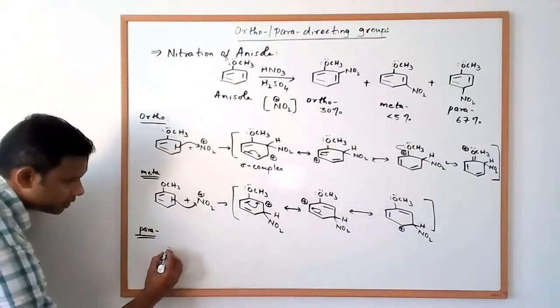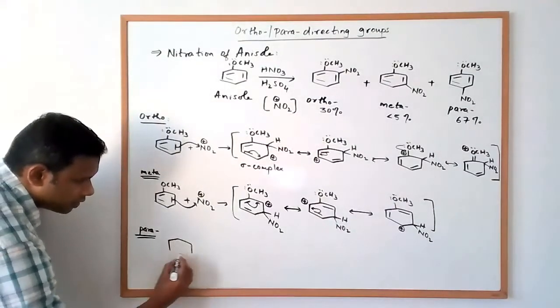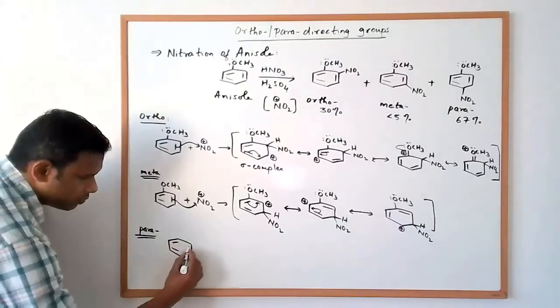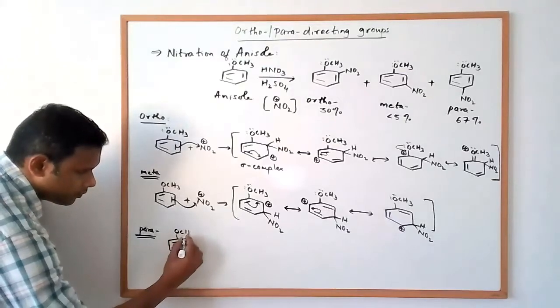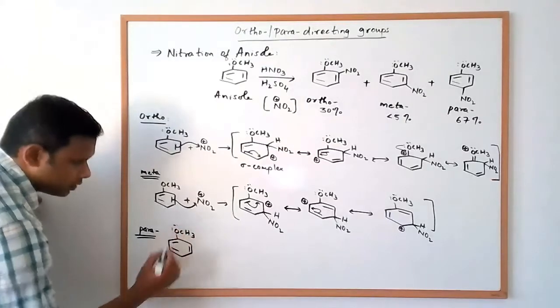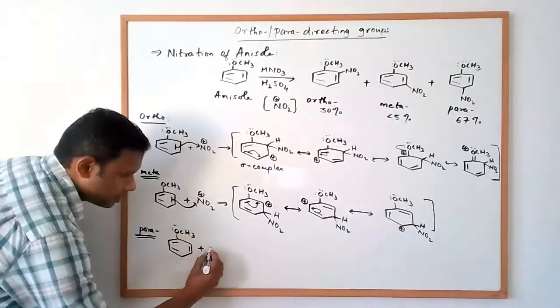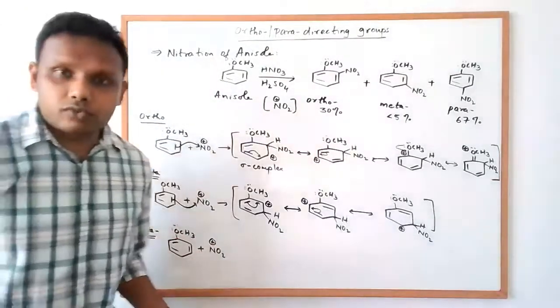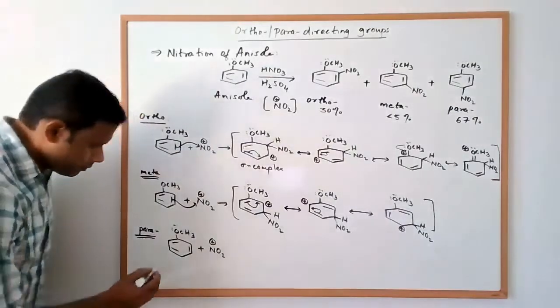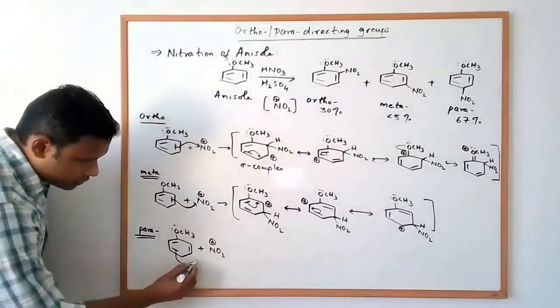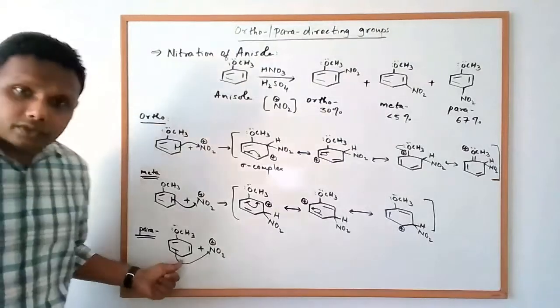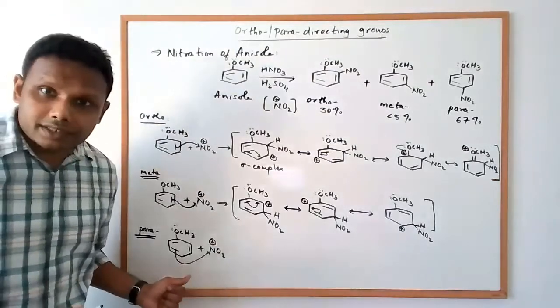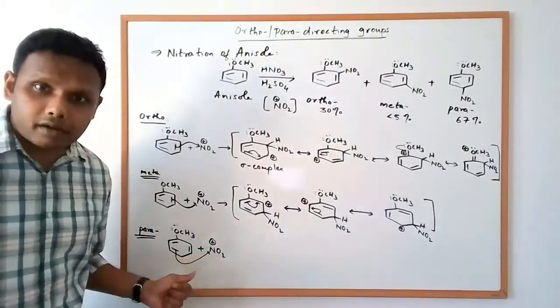So for the para attack, again, we start with the anisole molecule, and the aromatic ring attacks the electrophile, which is the nitronium ion. And this time I have to use this pi bond here because I want to attach the nitro group to the para carbon.